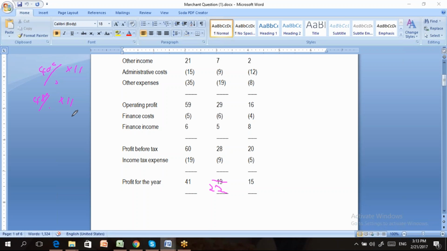In the first 6 months NCI was only 40%, so they are entitled to 40% of 11, which is 4.4. In the second 6 months, they are entitled to 48% of 11. So 11 into 0.48 is 5.3.